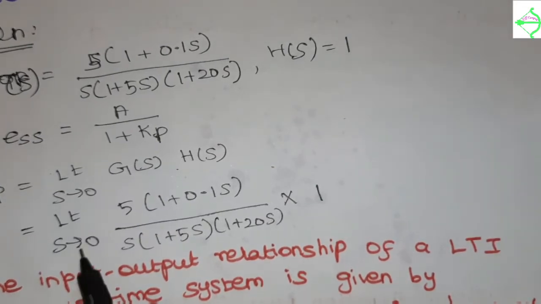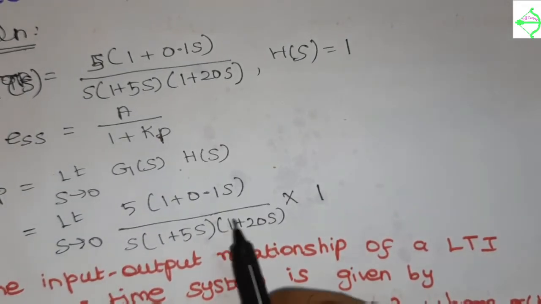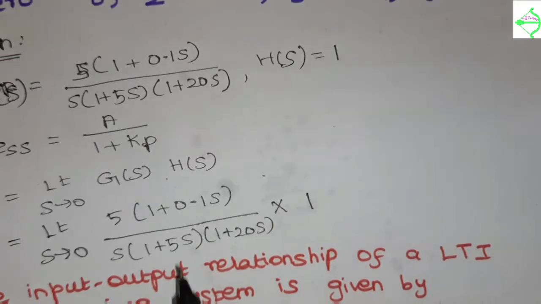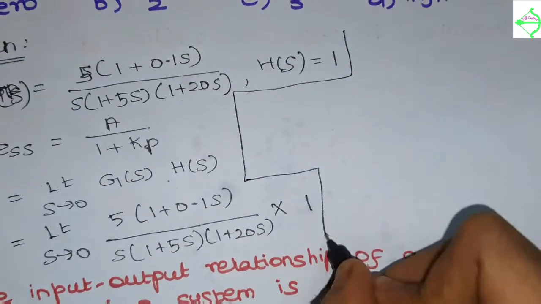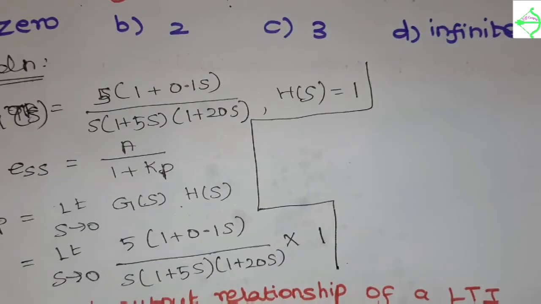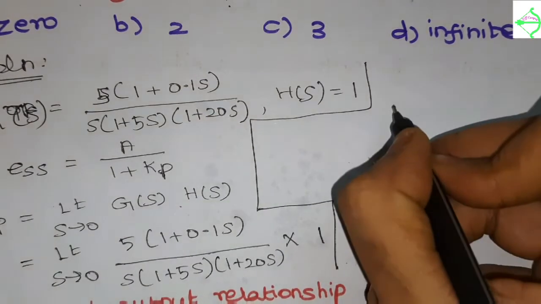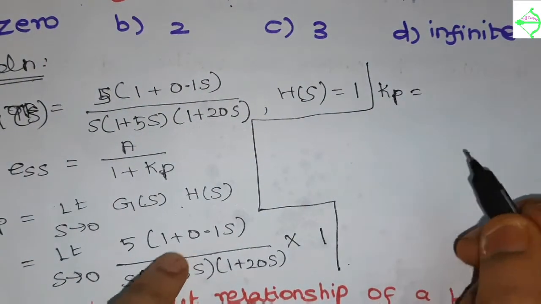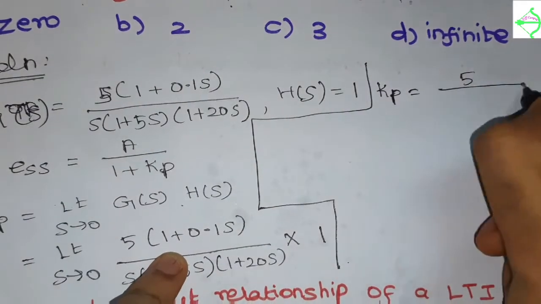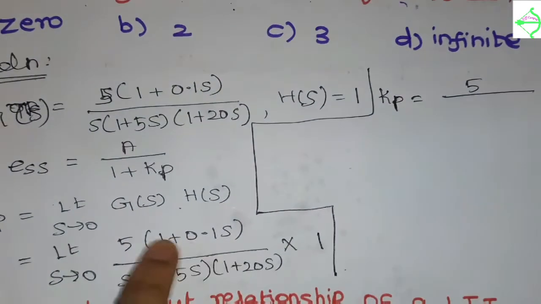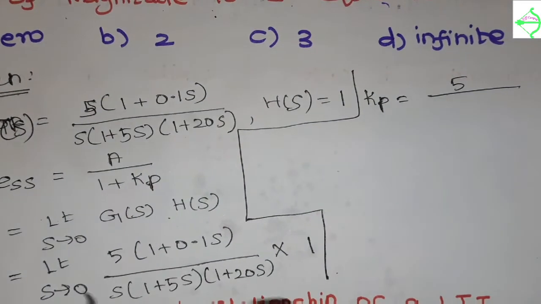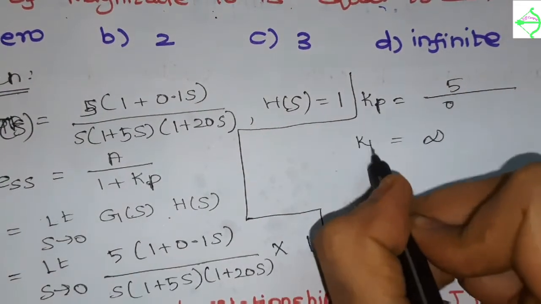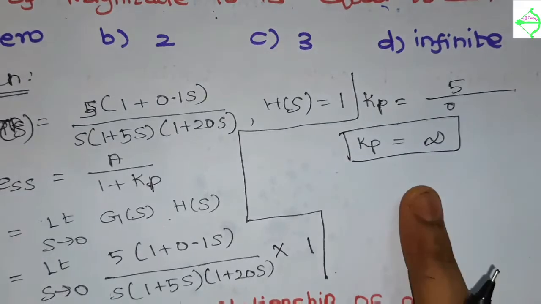Now we substitute s equal to 0 in that equation. When s equals 0, the numerator becomes 5 into 1, which is 5, because the other term becomes 0. Anything divided by 0 gives infinity. So the positional error coefficient Kp is equal to infinity here.